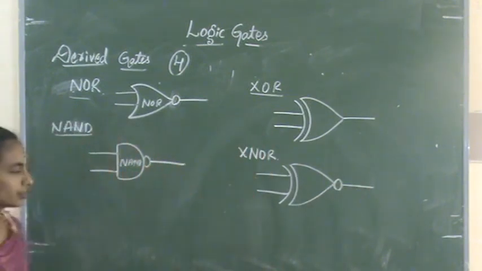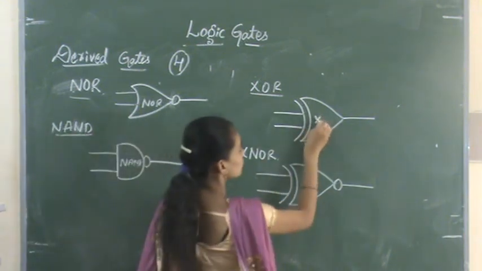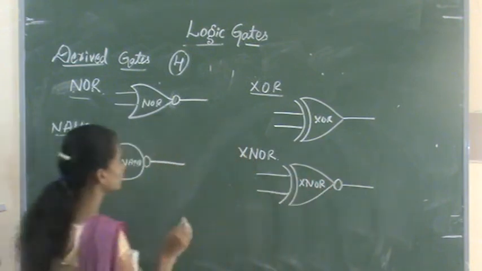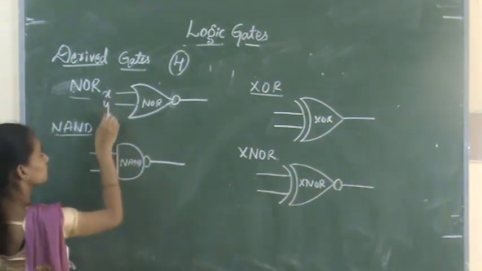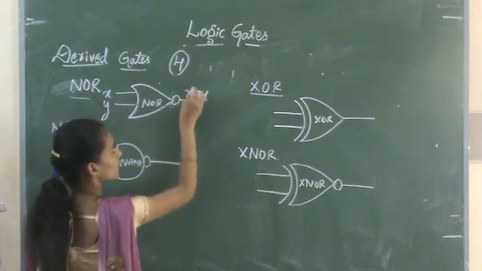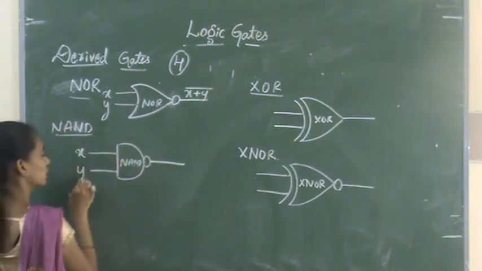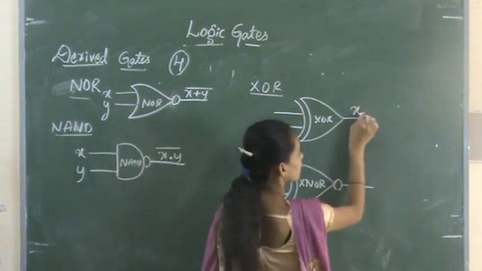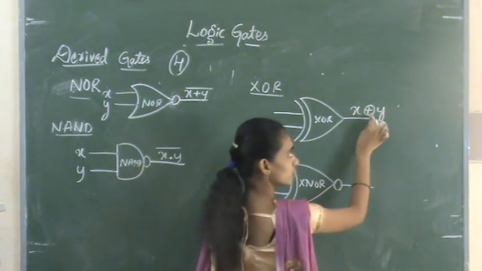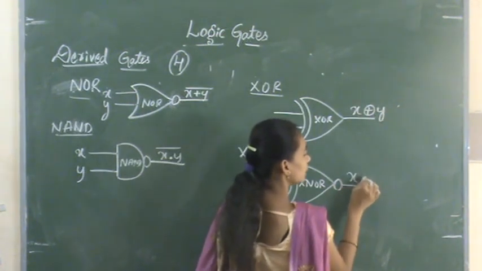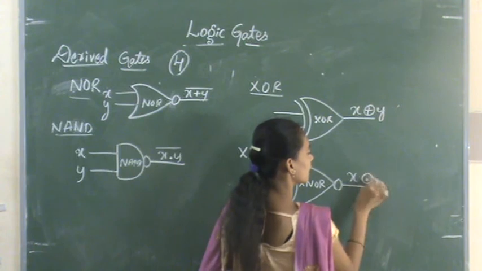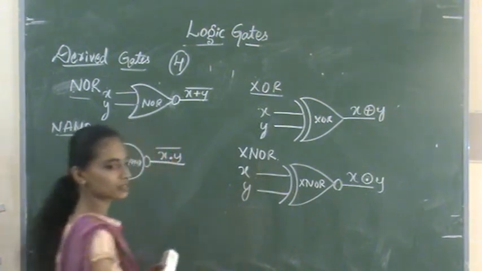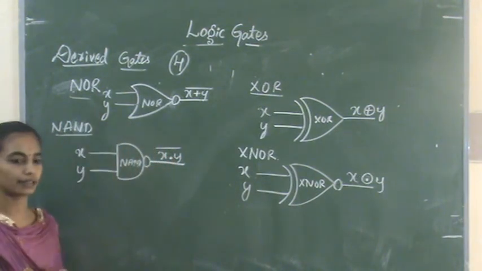So this is how we are representing the derived gates: x plus y whole bar, x into y whole bar, x XOR y, and x XNOR y, right?